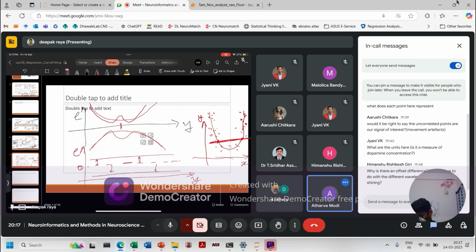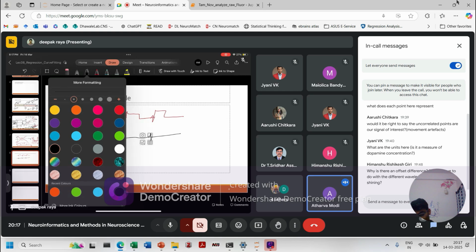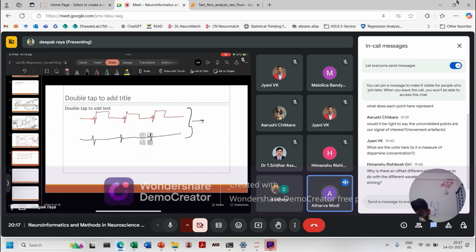If you perform that on the example I took, if you regress this particular signal with this, then you will get more positive errors than negative errors, and you might be able to regress and subtract, and then you get a prediction of this red curve as this, and you subtract both of them.